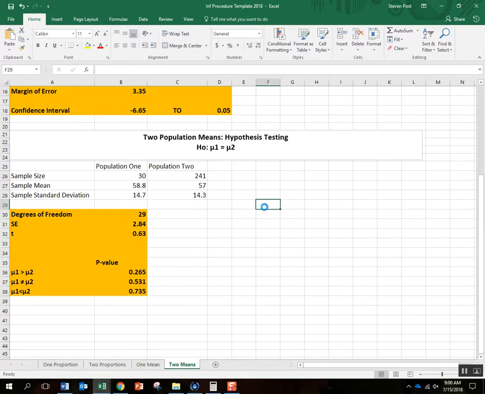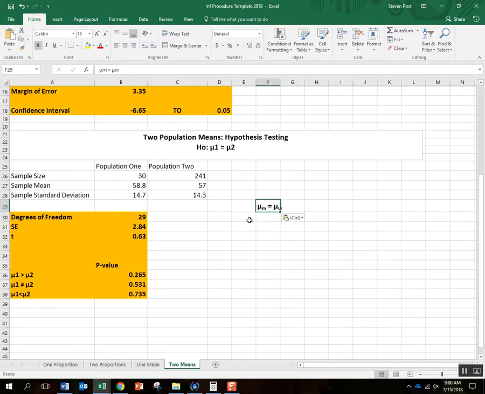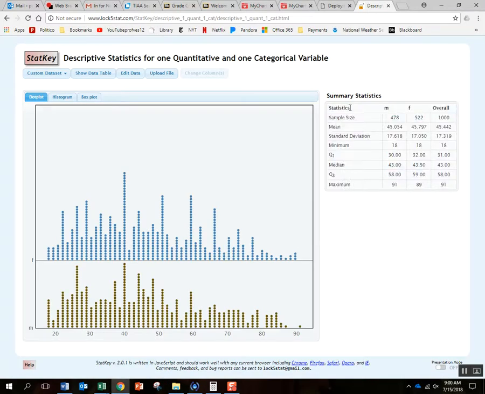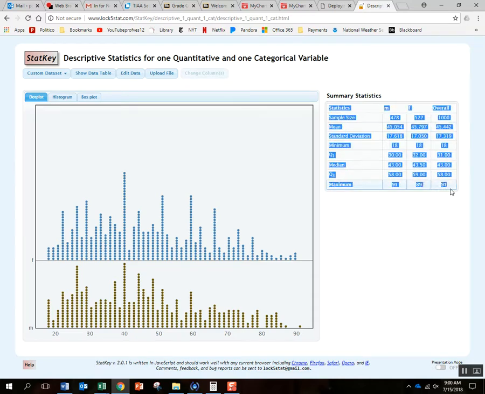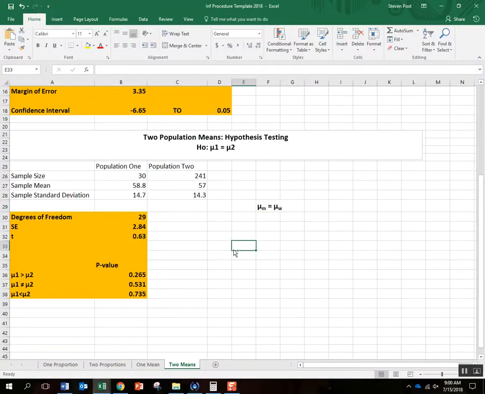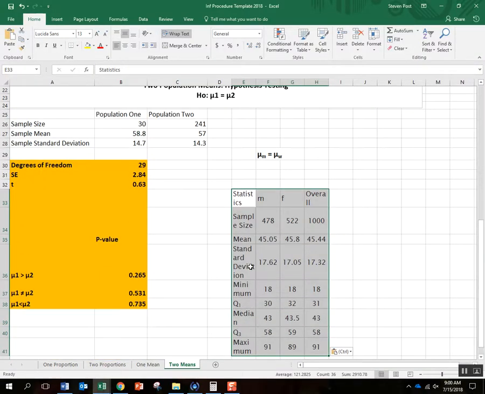So can we still copy? Oops, no, we copied the wrong things. Okay, so let's go back here and see once again if we can copy our numbers so we don't have to flip back and forth between the screens. Oh, we can't. Okay, good.